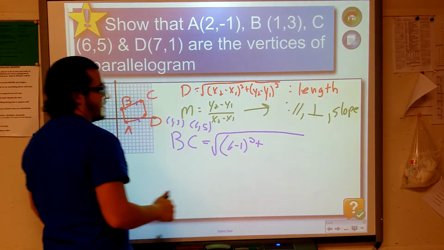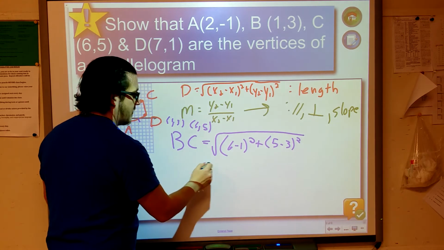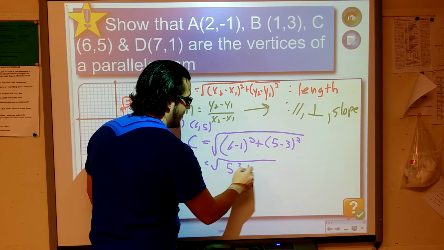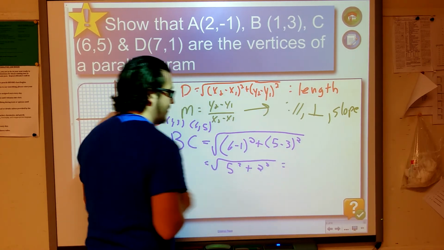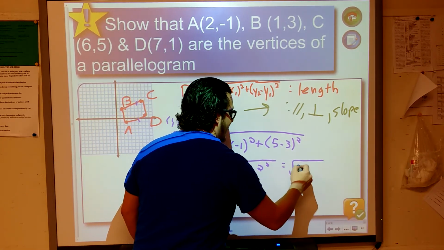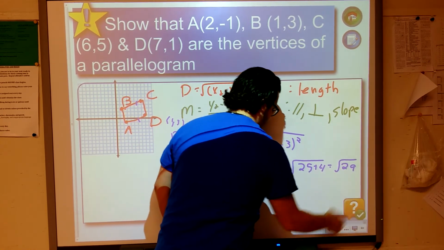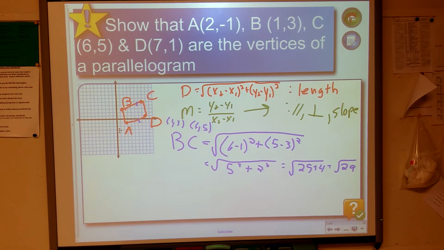We subtract our y's, 5 minus 3. 6 minus 1 is 5 squared. 5 minus 3 is 2 squared. Square root of 25 plus 4, which is the square root of 29. I'm covering up the board, so I'm going to give you an opportunity to write that.